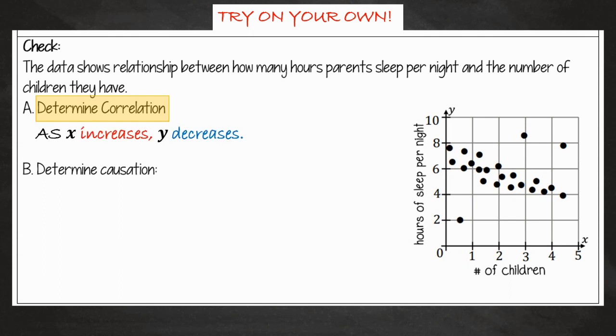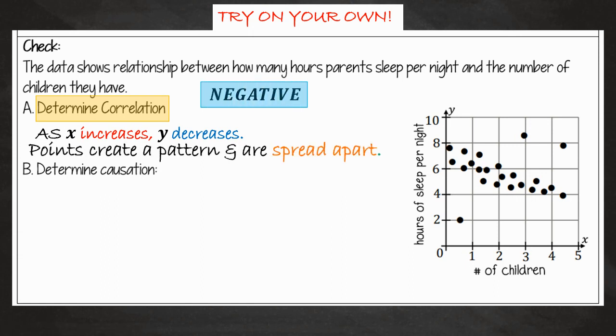As the number of children is increasing, the amount of sleep is decreasing. So they have a negative correlation, and I would say it's about moderate to strong. Because they're a little spread apart, not as close together as in the last one, I would go with a moderate strength.